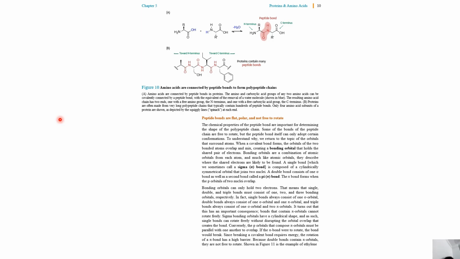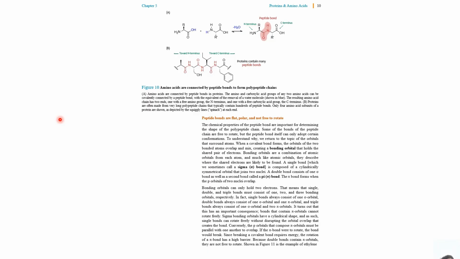When a covalent bond forms, the orbitals of the two bonded atoms overlap and mix, creating a bonding orbital that holds the shared pair of electrons. Bonding orbitals are combinations of atomic orbitals from each atom, and much like atomic orbitals, they describe where the shared electrons are likely to be found.